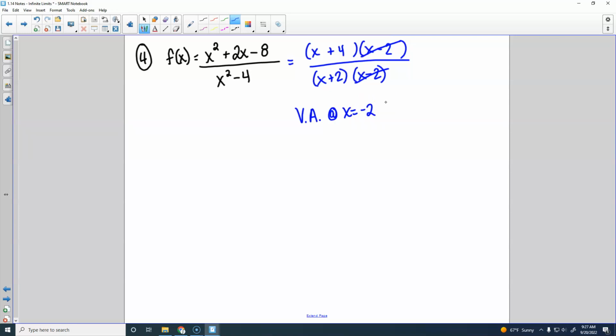I am being lazy by writing VA. I don't mind if you do it on your homework. I think we're pretty clear on what a vertical asymptote is, but only if you have to do that on a free response, write it out. Because there is no list of accepted abbreviations. There's some I know that they are going to accept, like DNE for does not exist.